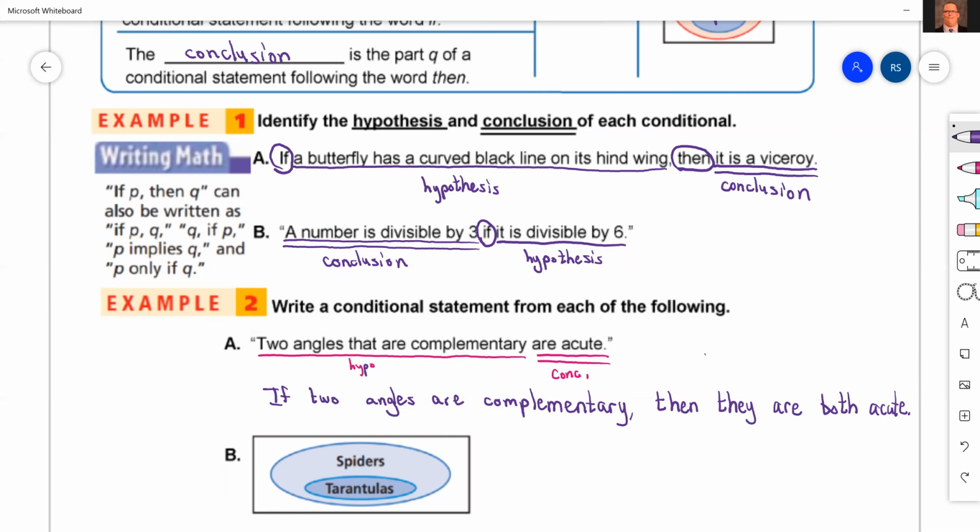If two angles are complementary, that takes care of our hypothesis. Then they are both acute is our conclusion.